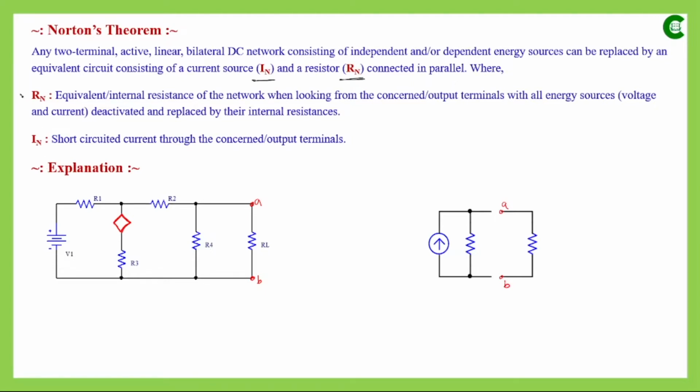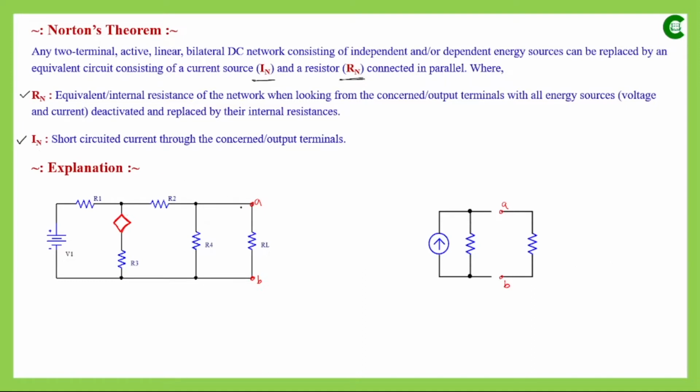Rn is the equivalent or internal resistance of the network when we look from the concerned or output terminals with all the energy sources deactivated and replaced by their internal resistances. If the voltage source is ideal, we simply short that path, and if the current source is ideal, we open the two terminals between which it is connected. And IN is the short circuit current through the concerned or output terminals.